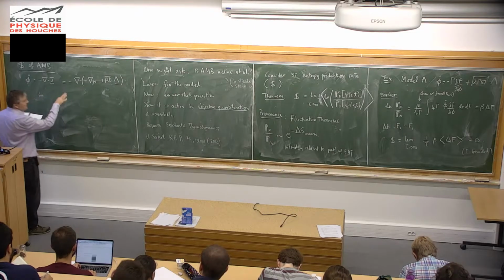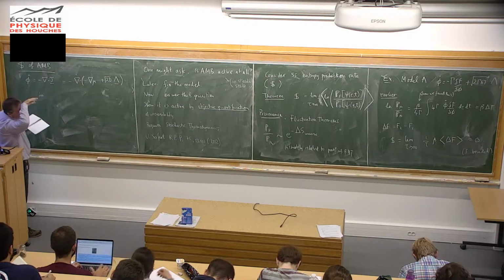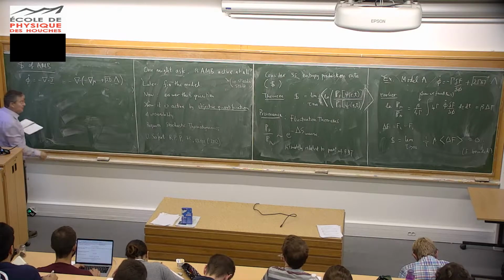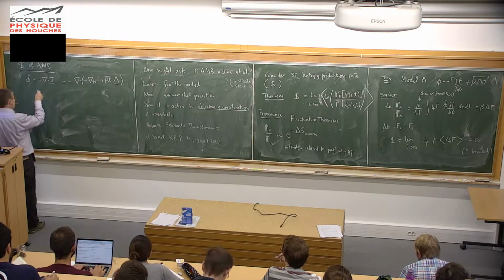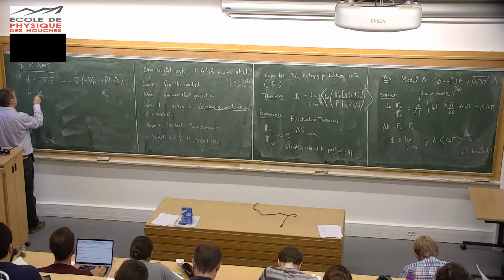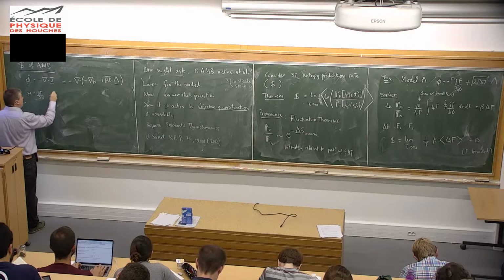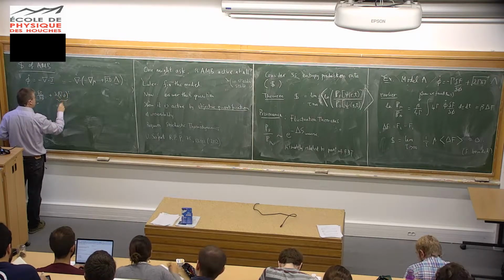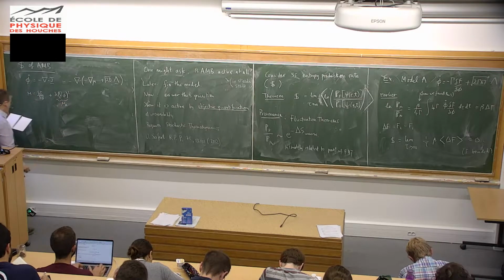The thing which makes this a little bit more complicated than the calculation for model A is that this is conserved, so there's an extra div here. So I have to somehow undo the div, and that will be the little technical complication we face here. Mu is df d phi plus lambda grad phi squared, and that is my active contribution to the chemical potential.